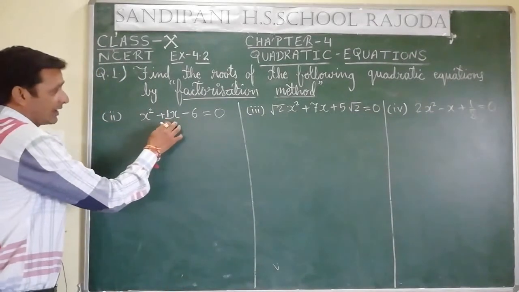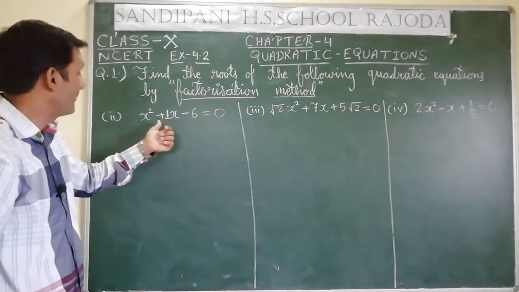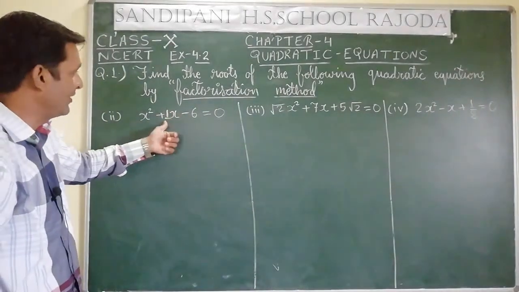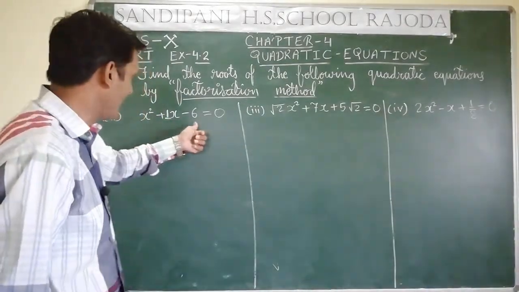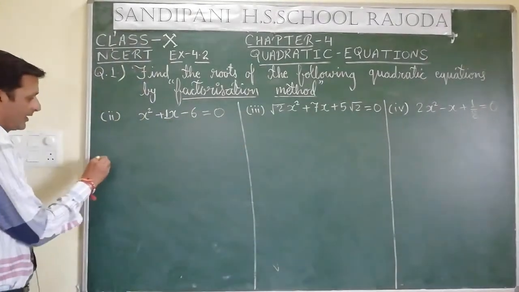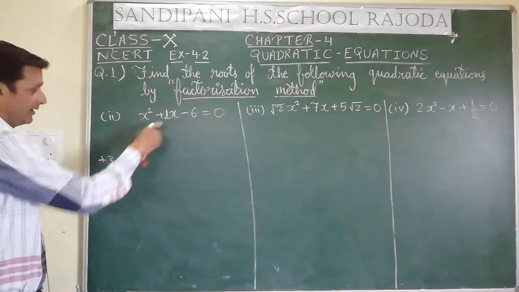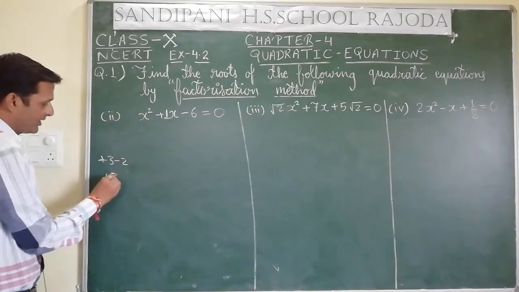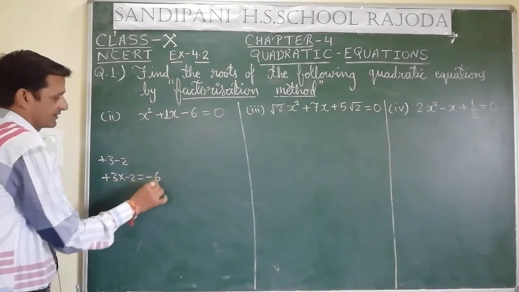If we do the sum of minus 3 and plus 2, then it will be plus 3 minus 2, which is positive 1, and plus 3 into minus 2 is equal to minus 6. See here, plus 3 minus 2 is equal to 1, and plus 3 into minus 2 is equal to minus 6.